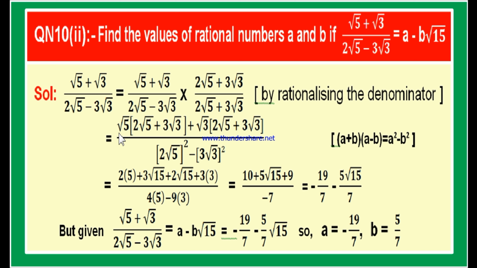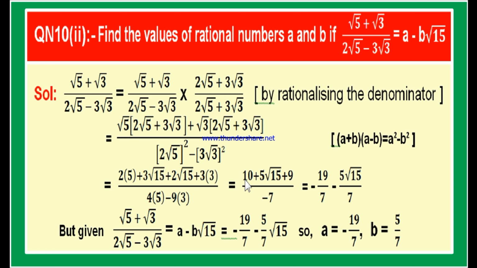Is it clear? Dear students, I shall explain again. Please observe. √5 into this √5 is 5, so 2 into 5, plus 3 into √3 into √5 is √15, plus 2 into √5 into √3 is 2√15, plus 3 into √3 into √3 is 3, therefore this is 3 into 3. 2 fives are 10, plus 3√15 plus 2√15. 3√15 plus 2√15 is 5√15, plus 3 threes are 9.